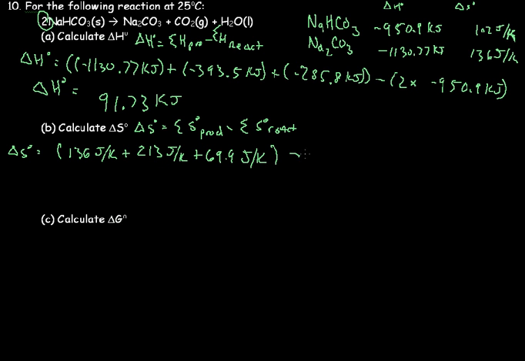And then we're going to subtract from that 2 times 102 joules per Kelvin. And if I plug that into my calculator, it's going to give me a delta S of 214.9 joules per Kelvin.